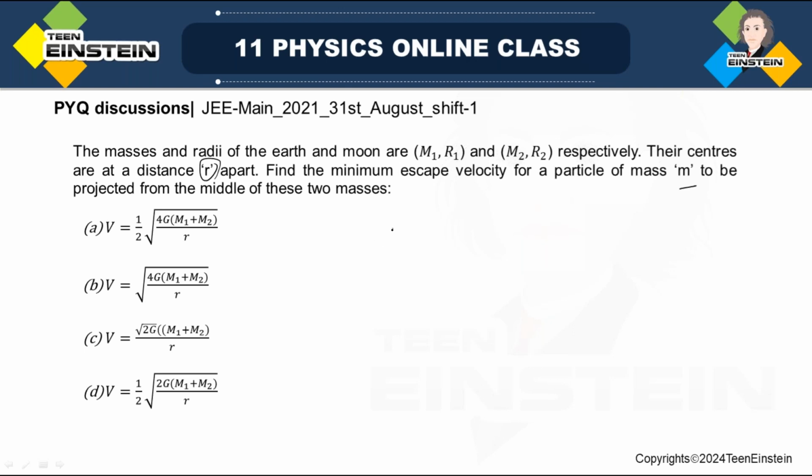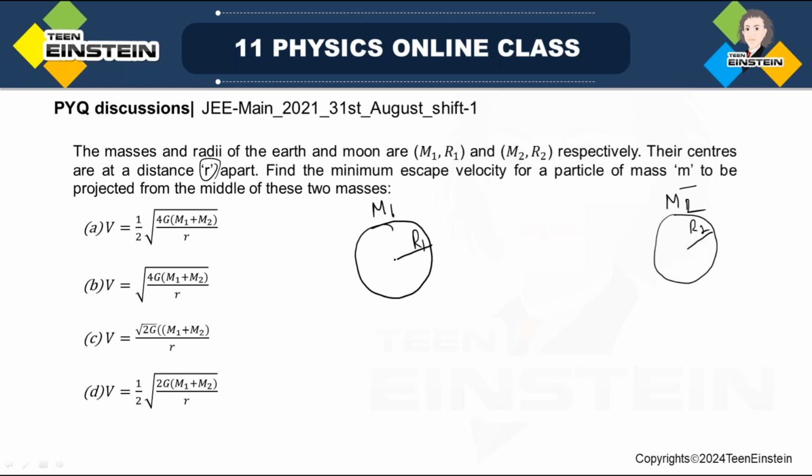See, I have Earth and Moon. Let us say this is Earth. It has radius r1 and mass m1. And I have Moon, which has radius r2 and mass m2.